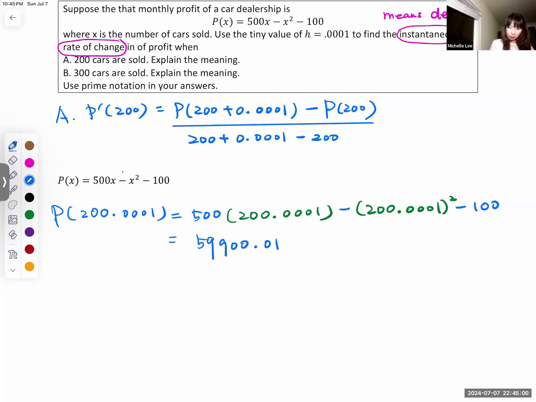Okay, what about the P of 200? So let's do it.